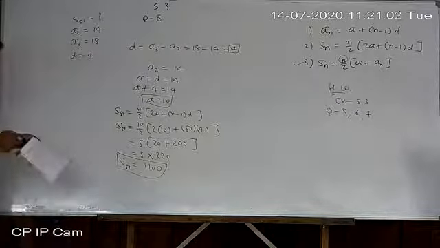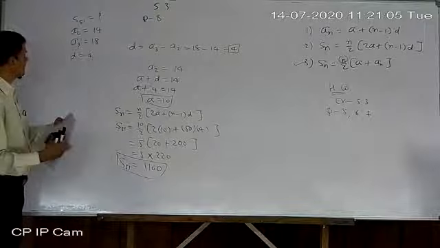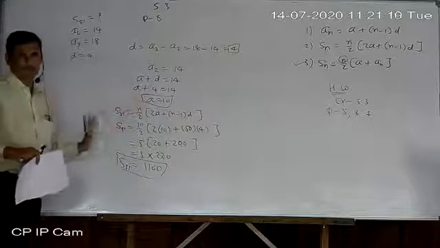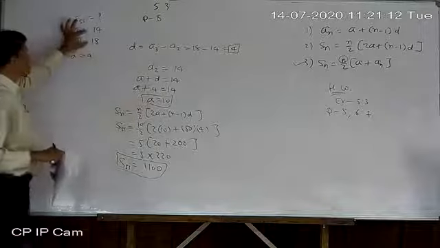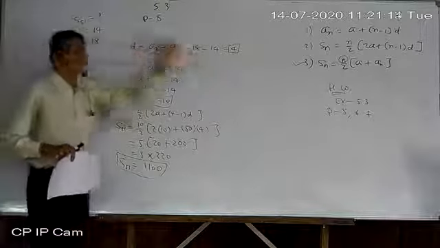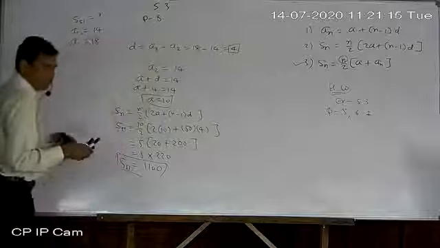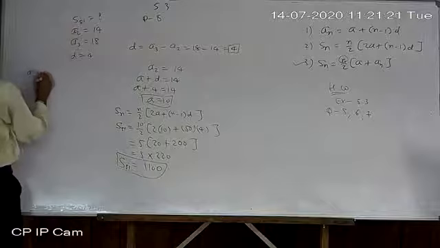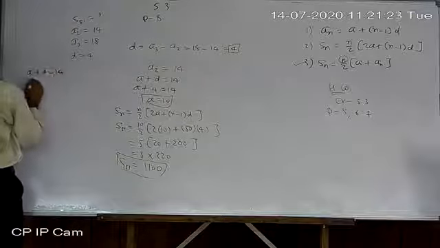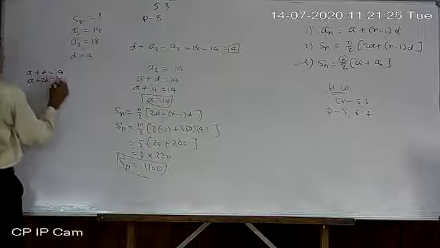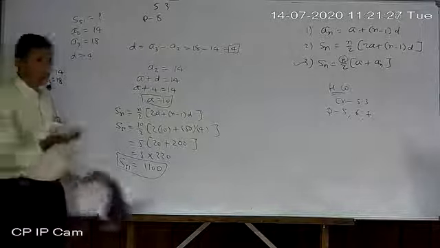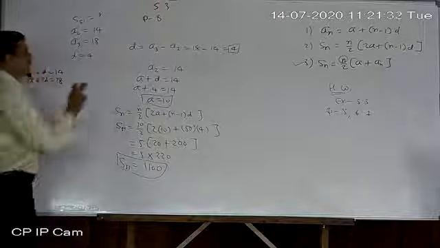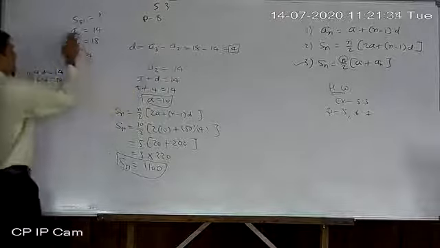But be careful here. We have to decide that first of all we have to find A only. After finding A, we can find Sn. So first of all, two consecutive terms are given, so we directly find D as 4. Otherwise, you can get two equations also, no problem. If you want two equations, A plus 1D equal to 14 and A plus 2D equal to 18, you can solve simultaneously, get A and D. But we can directly find it because consecutive terms are given.